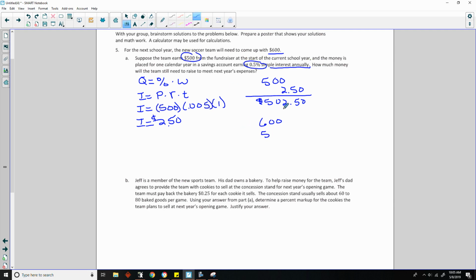If I take that $600 that we want, okay, that's what we need, and I made $2.50 interest on the 500 I had, so that's 502.50. I need to subtract those amounts to get what I need. I need $97.50.